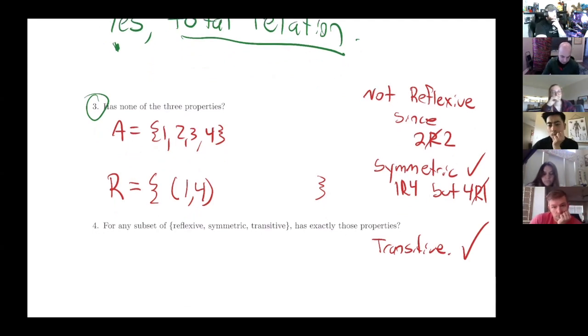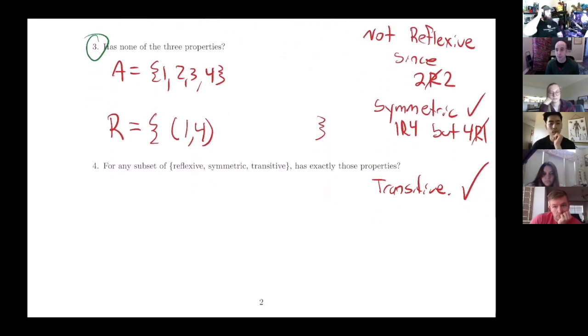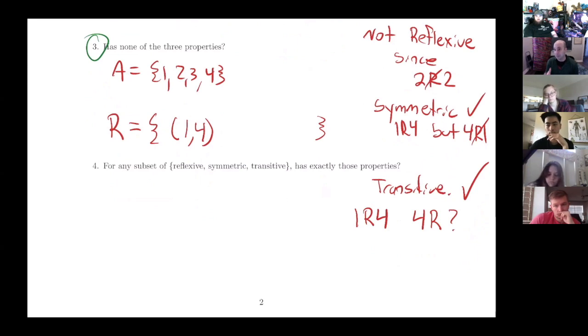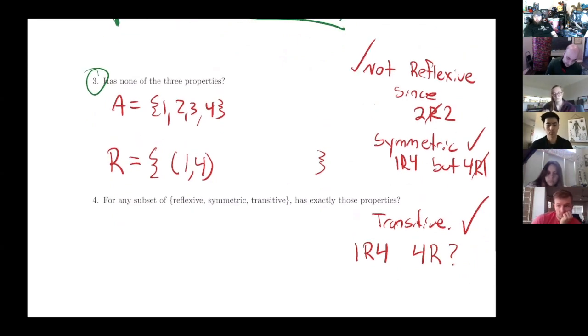There's only one element here. So I do have that 1 is related to 4. And to complete this, the only other thing to consider is, is 4 related to something else? And we can see here, 4 is not related to anything. So this transitive property is kind of vacuously true. So we have right now the fact that it's not reflexive, great. It's not symmetric, great, but it is transitive.